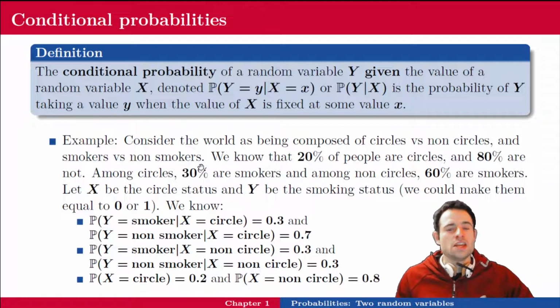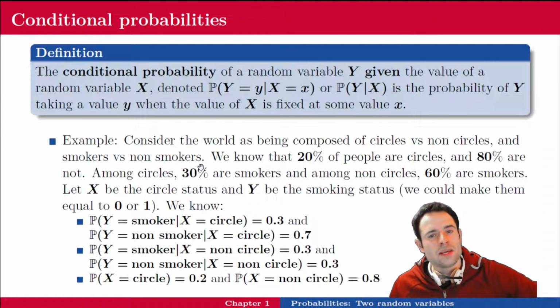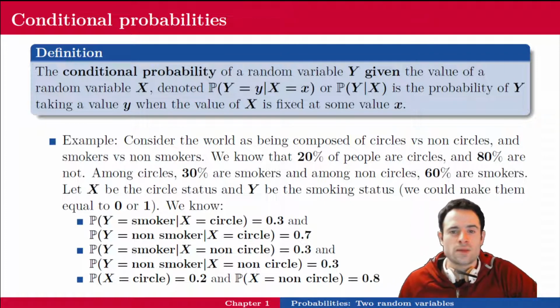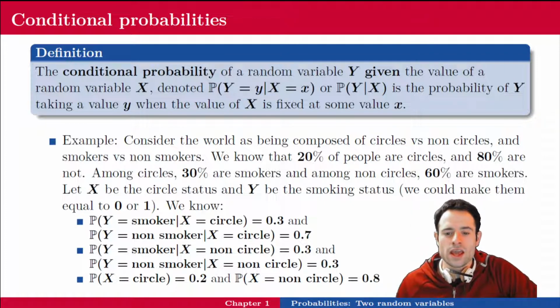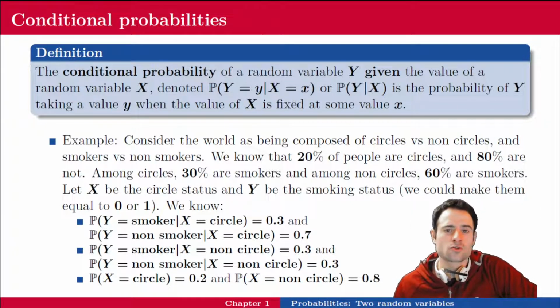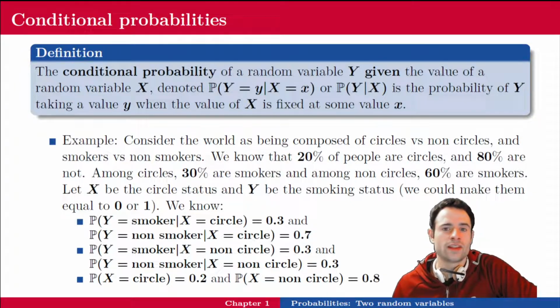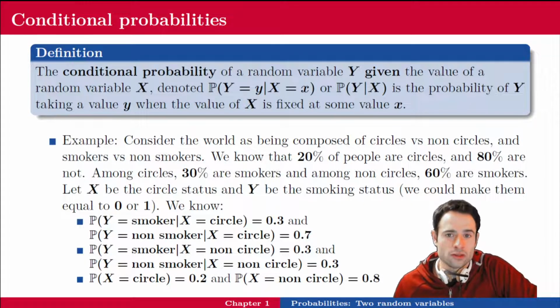It only says if I know that the next person I meet is a circle, or if I know it's a girl, then I know there is a 30% chance it's a smoker. If I know the next person I meet is a man, then I know it's another probability of being a smoker. But if I don't know who I'm going to meet, I don't know if this is a circle or not, then I have no way to know the probability of that person, circle or not, being a smoker.